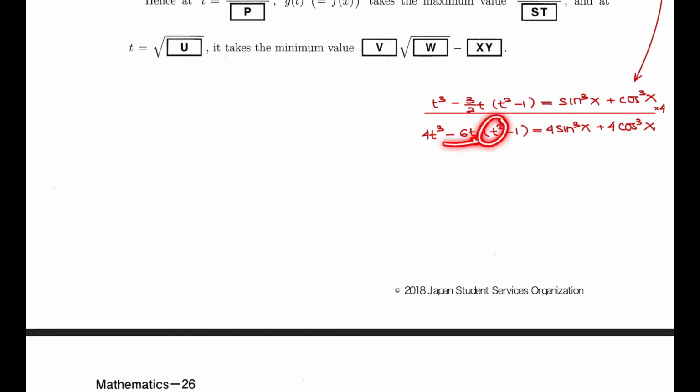Negative 6t times t squared, negative 6t cubed, plus 4t cubed. It becomes negative 2t cubed. And then negative 6t times negative 1 becomes plus 6t, equals 4 sine cubed x plus 4 cos cubed x.